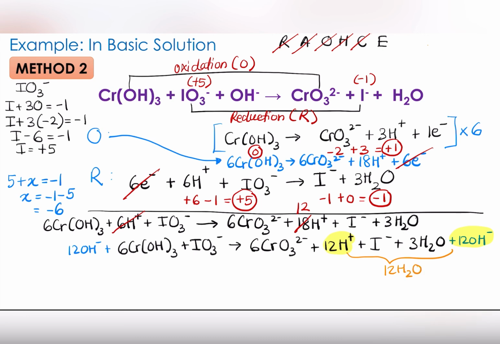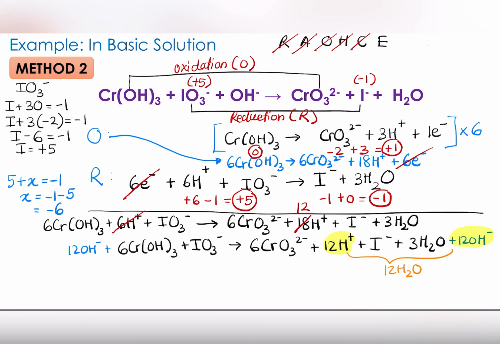And then sekiranya awak lihat di sini, saya ada 12 H2O where I also got here 3 H2O. So maknanya saya akan tambah bilangan dia sebab dia berada di side yang sama. So total dia akan jadi 15 H2O. So now I'm going to combine everything.